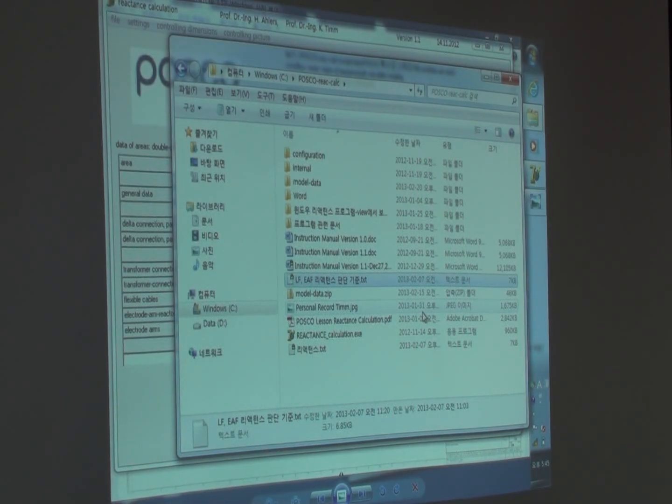This is EAF: start melting, main melting, with cold scrap in it, and you know the different periods of the electric arc furnace.